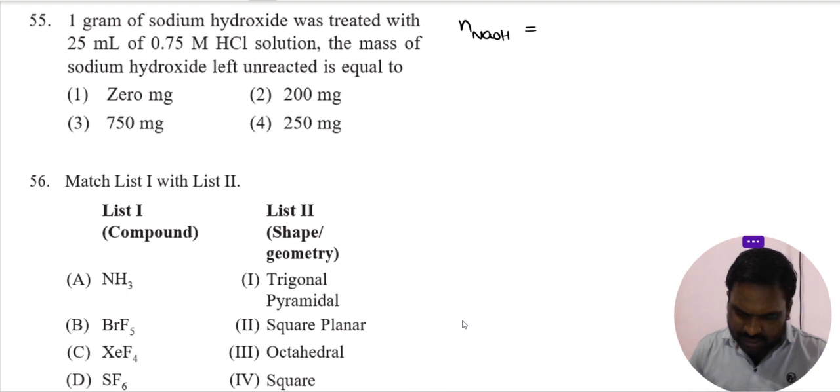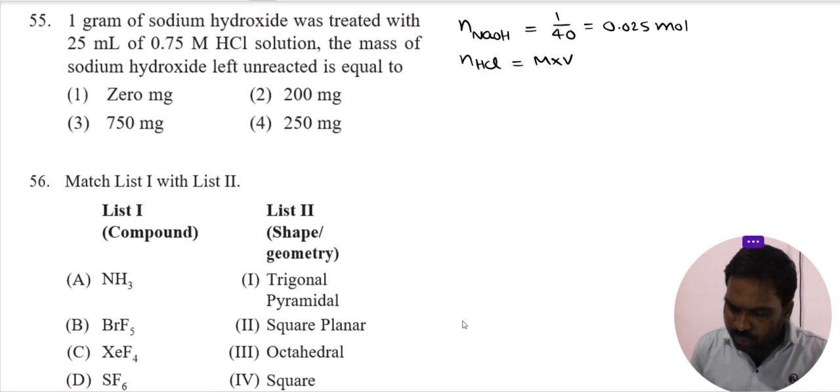Sodium hydroxide moles are weight by gram molecular weight, 1 by 40, which is 0.025 mole. Next one, HCl moles. Molarity into volume in liters.